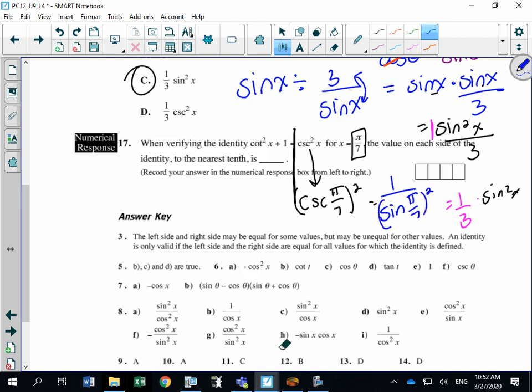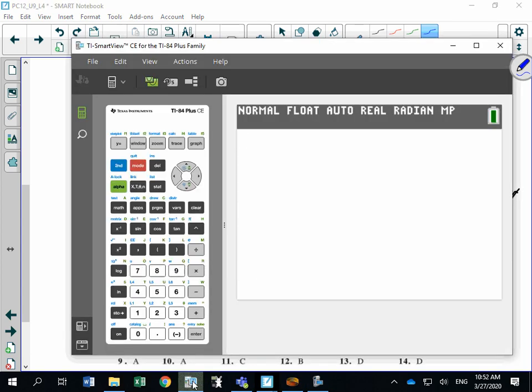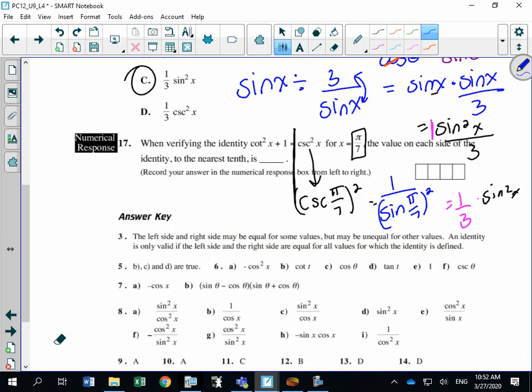So if I was to type that on my calculator, let's see what we would get. So 1 divided by, we're doing the reciprocal of sine. So sine of pi over 7, close that bracket and square it. On the right-hand side, I'm getting 5.3.